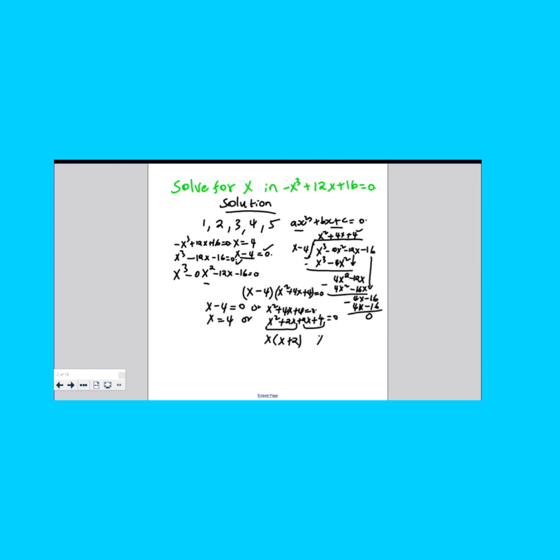So we have x plus 2 times x plus 2 equal to 0, so x is equal to negative 2, or negative 2.